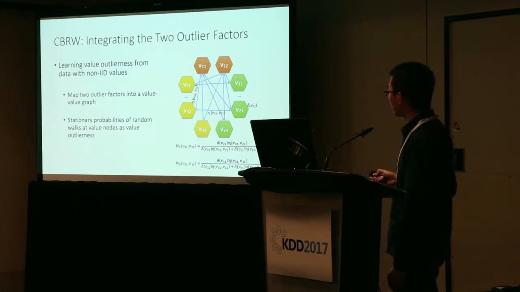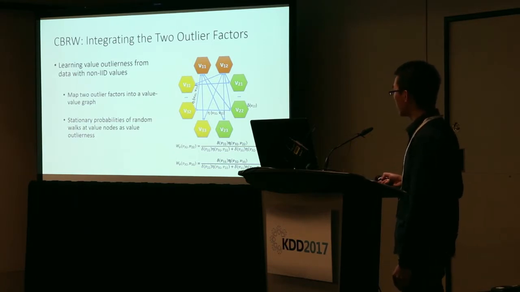After obtaining these two outlier factors, we use graph-based methods to integrate them. First, we map these two outlier factors into a value-to-value attributed graph.